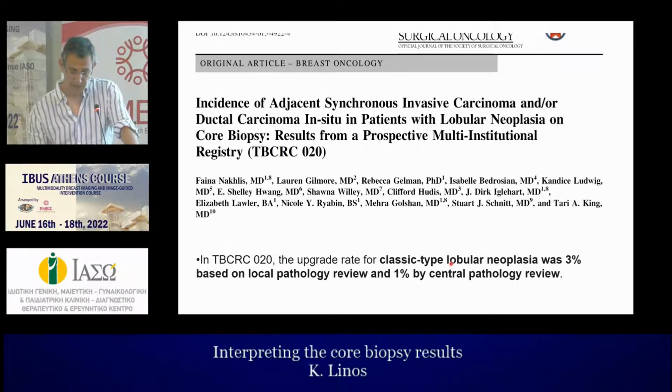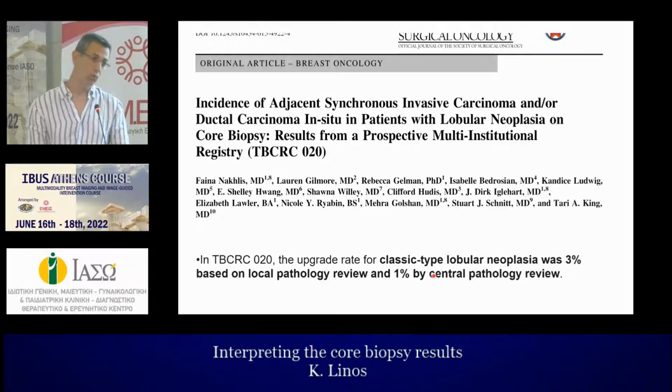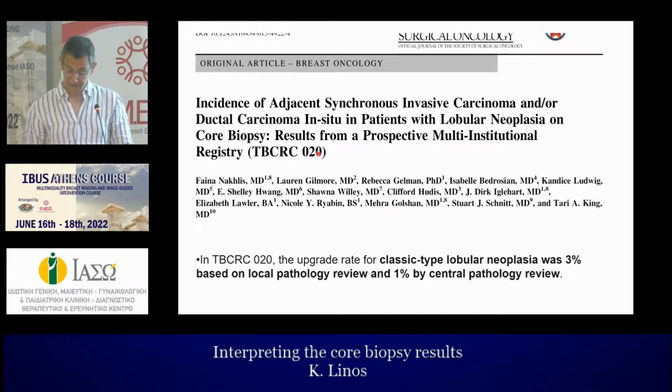The upgrade rate for classic type lobular neoplasia was 3% based on local pathology review, and if you had a central pathology review, so more expertise, it dropped to 1%. So a very low percentage of upgrade in patients with ALH or LCIS.